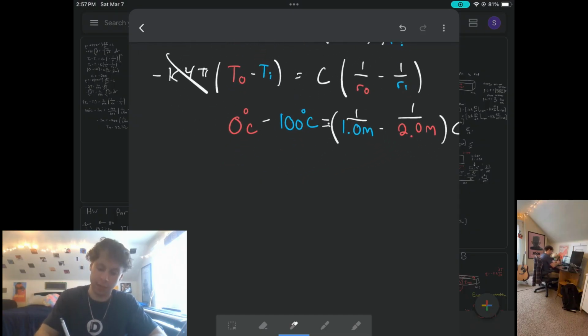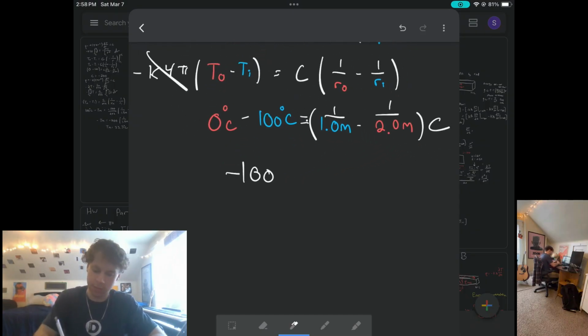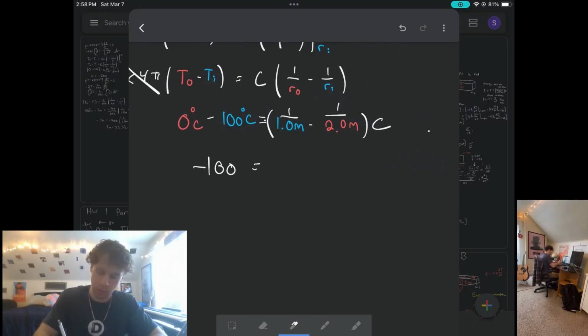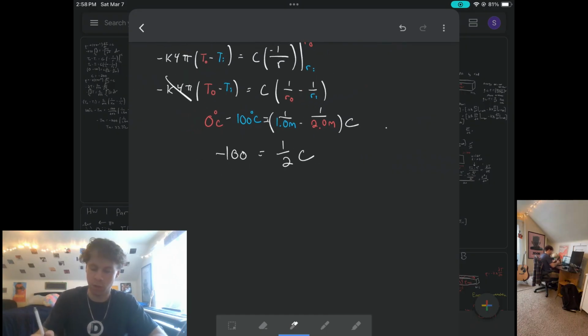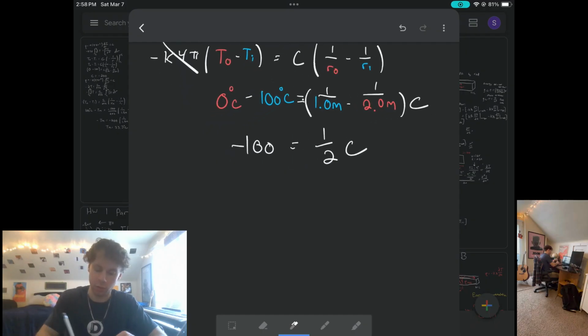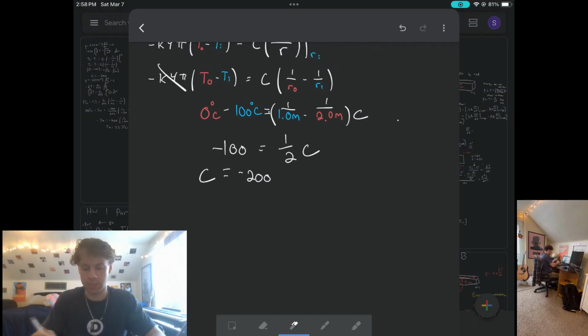So what we're left with is negative 100 is equal to 1/2 C. Solving this, our heat flow constant C is equal to negative 200. And since C is our heat flow, that is in joules per second.